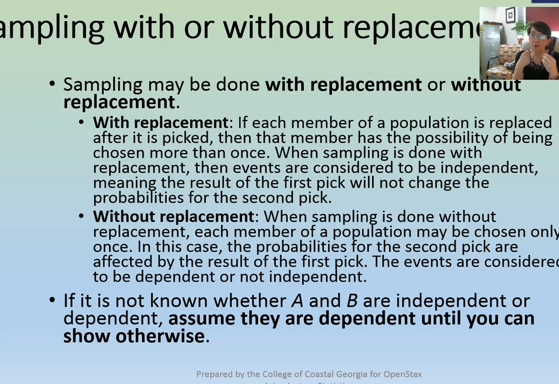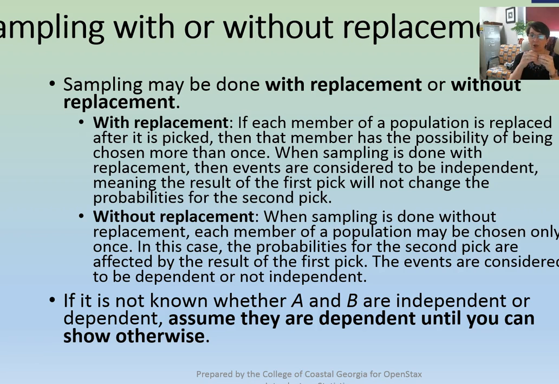But what if I want 2 cookies? The probability of me getting a chocolate chip, eating it, and not replacing it, and then going in and getting another cookie changes my odds. I now only have 4 cookies: 1 is a chocolate chip and 3 are oatmeal raisin. So there is a higher probability of me picking one of the oatmeal ones. That's what with or without replacement is.